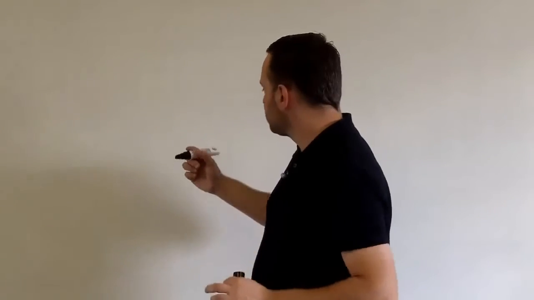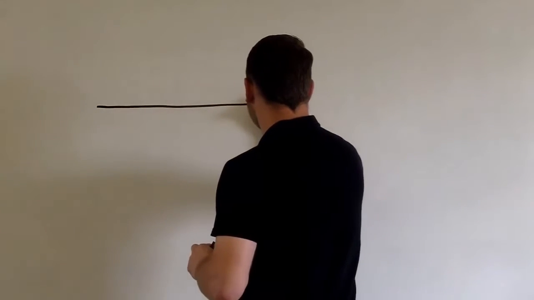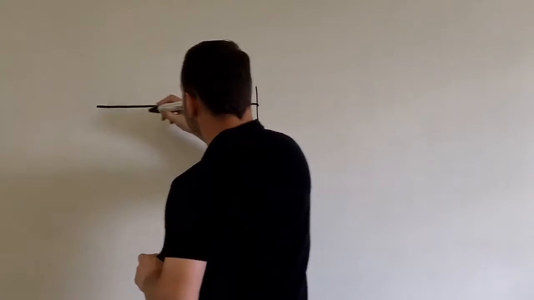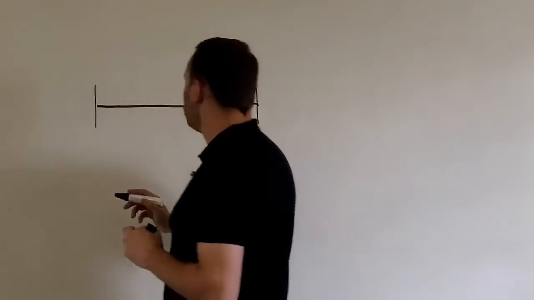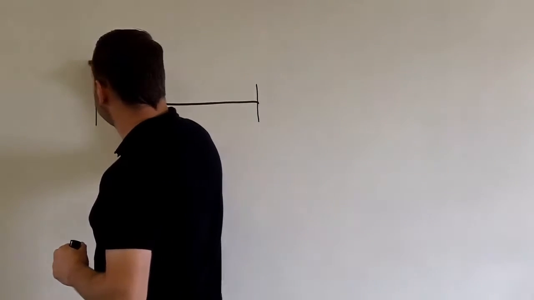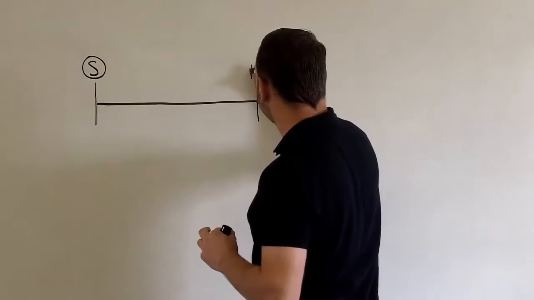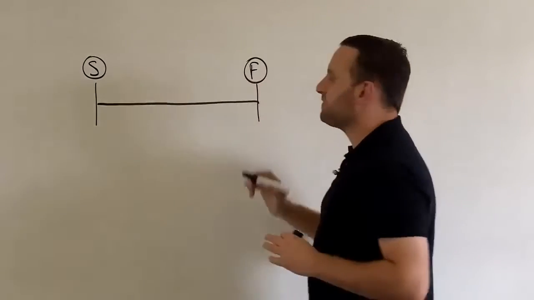Now, the great thing about this system, let's just say if we draw a line here with a start point and an end point, okay? So in between, if we say this is the start, excuse me, and over here, this is the finish, okay?